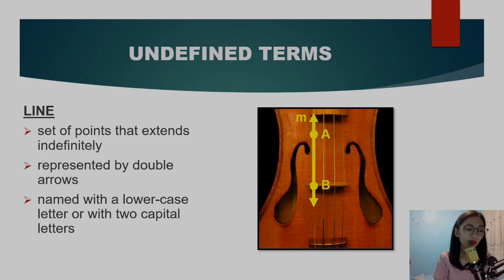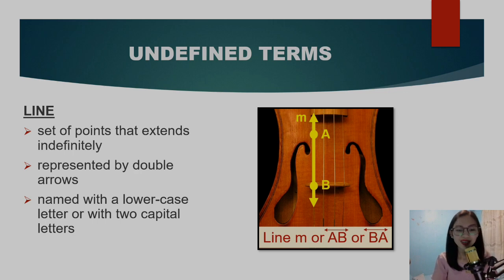So what do you think is the name of this line? We follow the rule here. We use a lowercase letter or the 2 capital letters. So the name of this line is line M or line AB or line BA. So pwede nating pagbaliktarin yung capital letters, as long as tama yung kanilang order doon sa illustration.